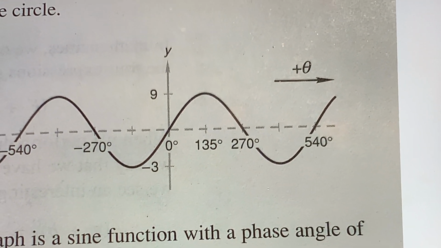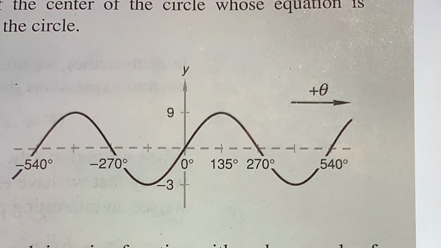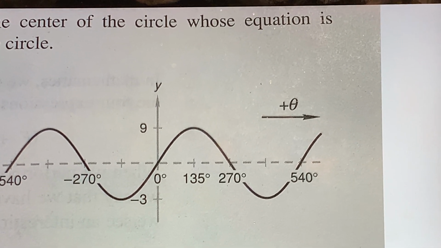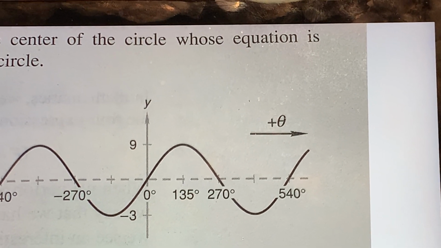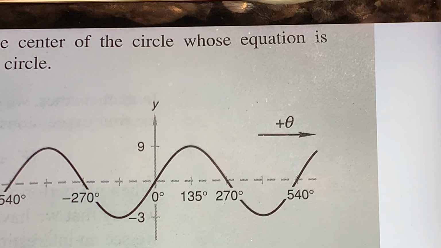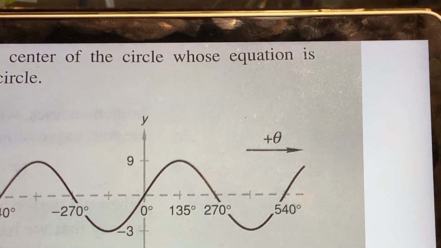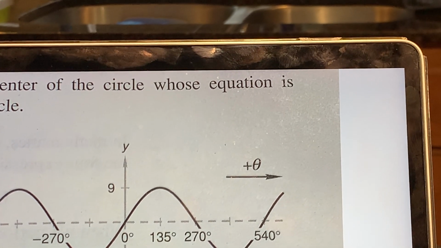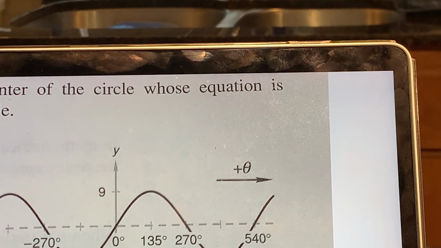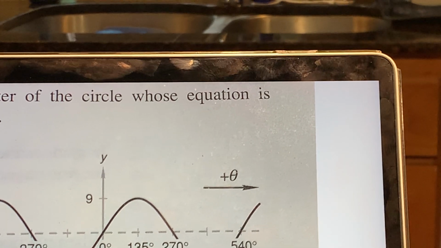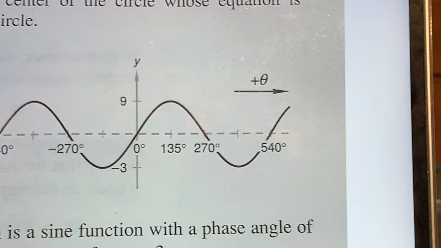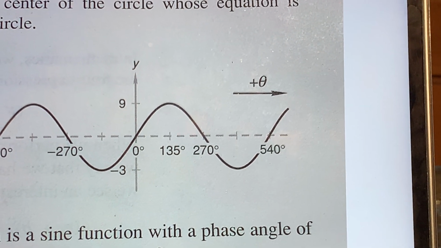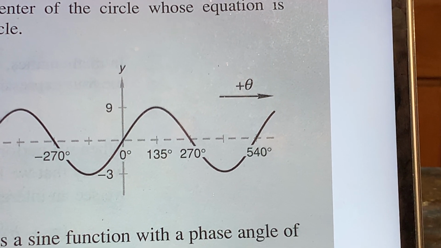Remember, for a, you start by adding the top and the bottom and dividing by 2. So that would be 9 plus -3 divided by 2. Then for b, it's going to be the top minus whatever you get for a. Then for c, it's in degrees, so it's going to be 360 divided by the length of the period.